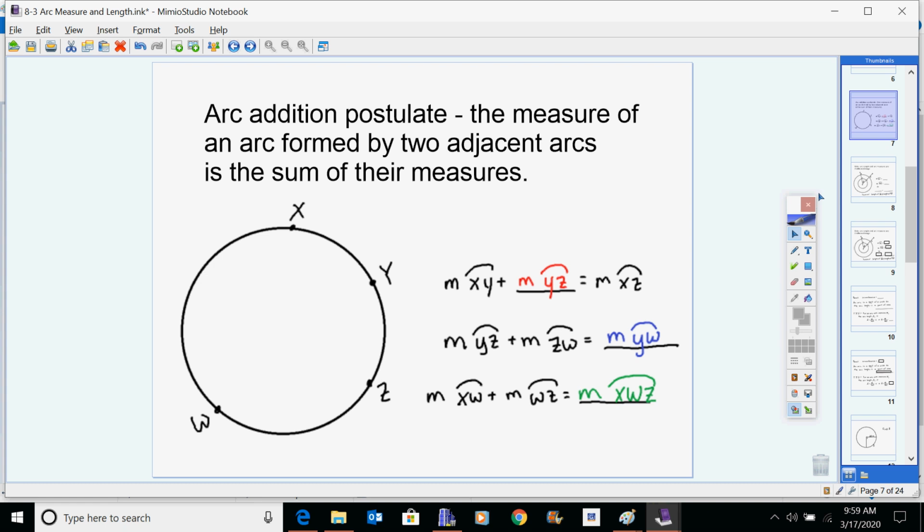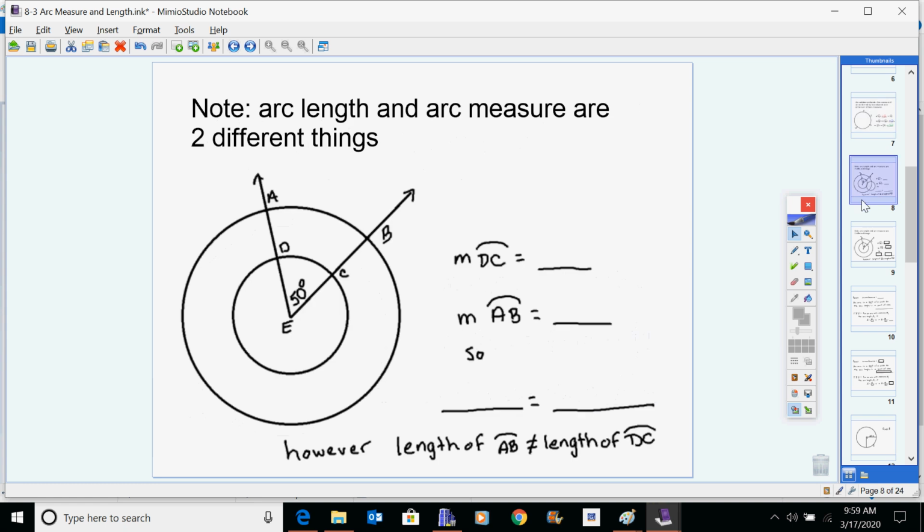Remember I said that the measure of the arc is different than the actual length of the arc. Two different things. Right here I have what looks kind of like a bullseye. Notice that both of these circles have E as their center. Both of them, if we're looking at this angle, have 50 degrees as the central angle measurement.